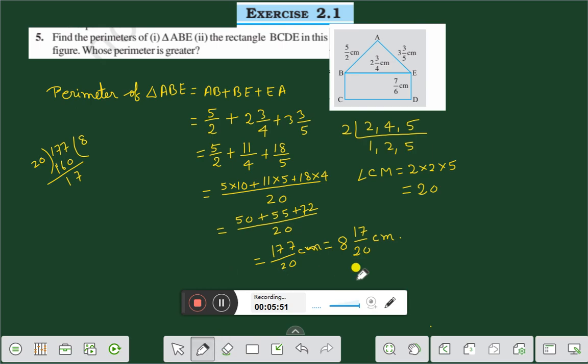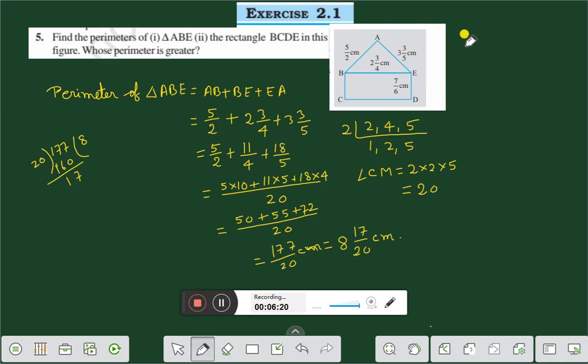Therefore, we have written that it is 8 whole 17 by 20. The perimeter of triangle ABE is equal to 8 whole 17 by 20, right? I will find the perimeter of the rectangle.